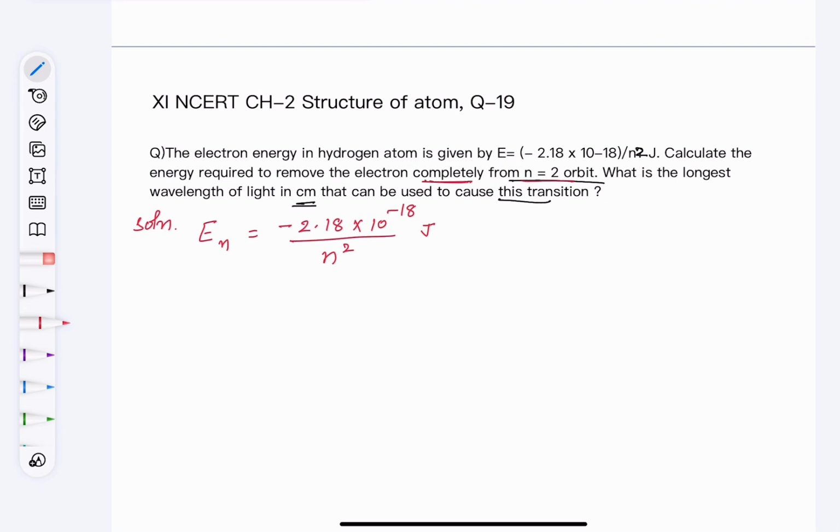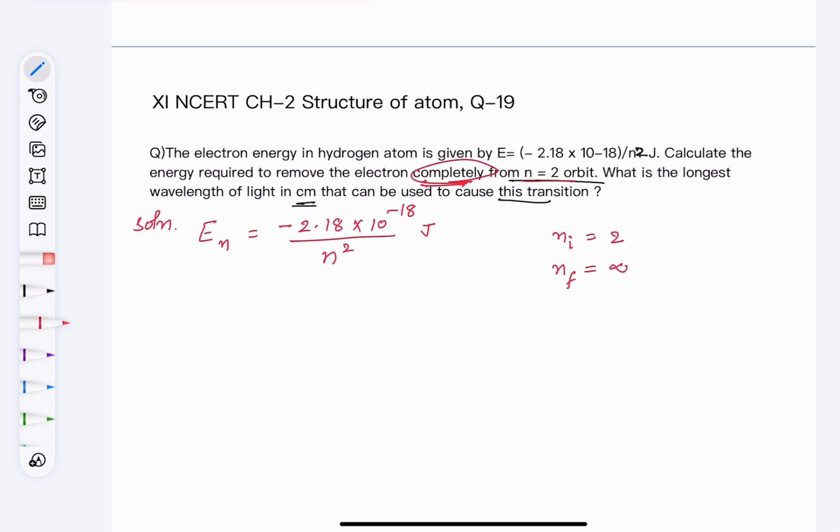So your initial orbit is your second orbit, and your final orbit, as they say, should be removed completely. So since the word completely is used, the final energy level you can take as infinity because it has to be removed completely.